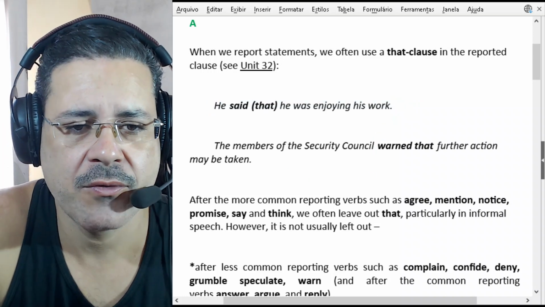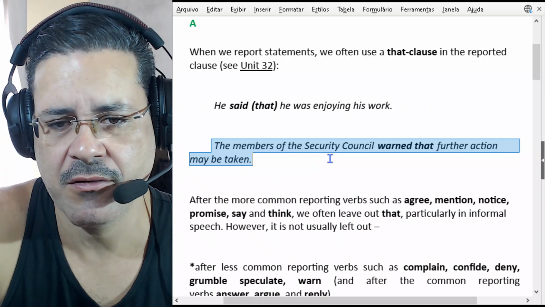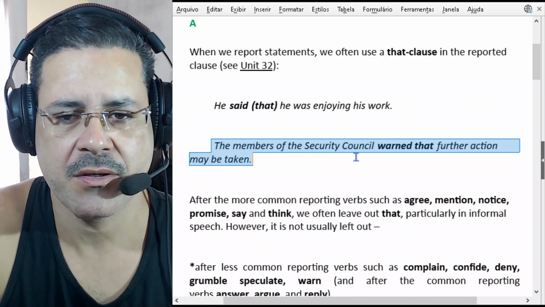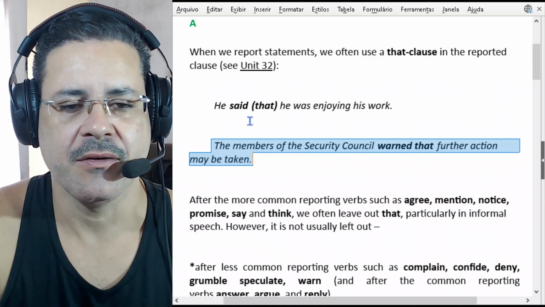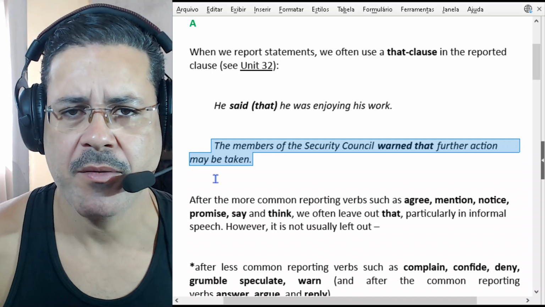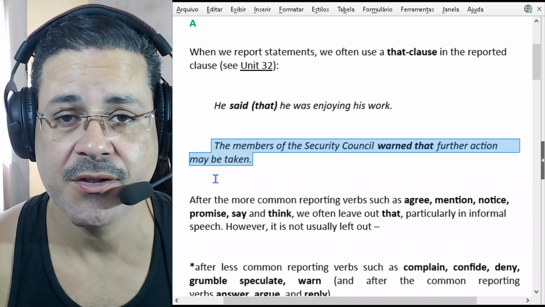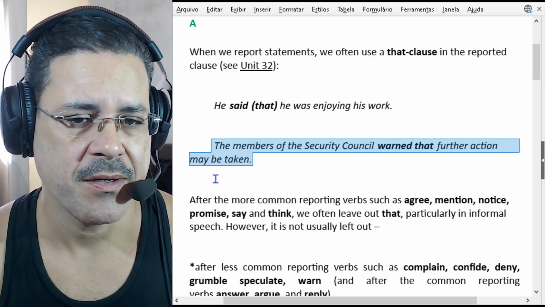Another example, the members of the Security Council warned that further action may be taken. The members of the Security Council warned what? That further action may be taken.